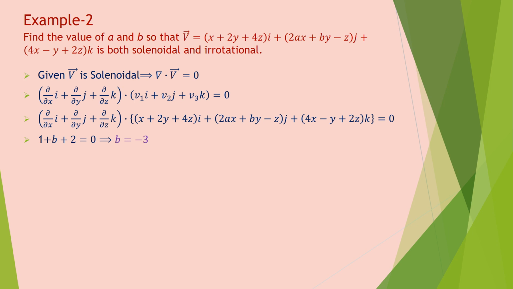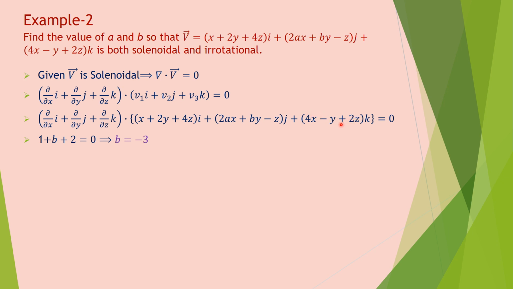So it is 1 plus ∂/∂y of 2ax plus by minus z. Here only y is variable, the derivative of y is b, and the derivative of 2ax is 0, the derivative of minus z is 0. So plus b. Next plus ∂/∂z of 4x minus y plus 2z.